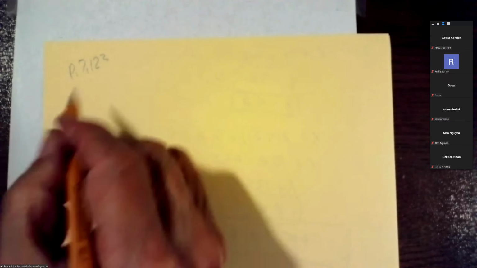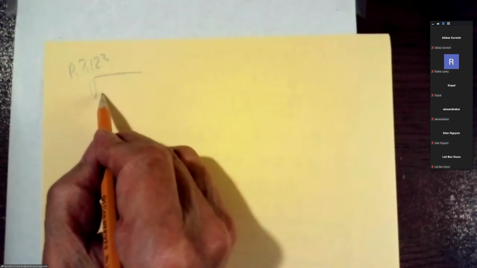That was not an assigned problem. 121 was assigned. Let's see, what is it asking you to do here? For each radical equation, check all proposed solutions. So what do we have here?